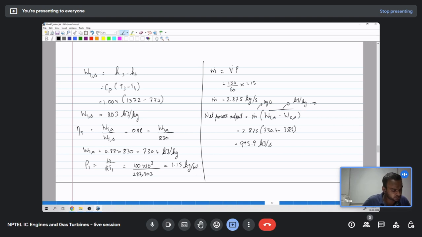So multiplying these two, you will get kilojoule per second. So this is 96 kilowatts.